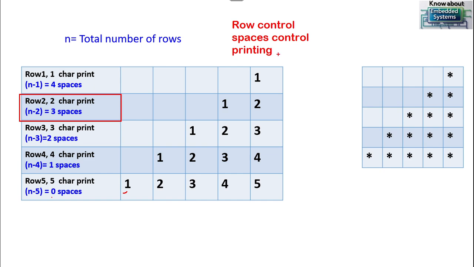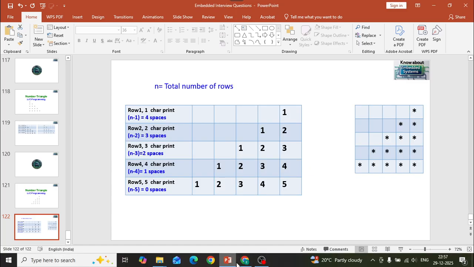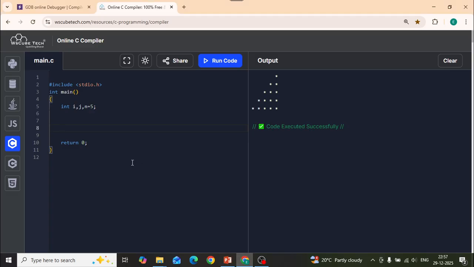Let us go to the coding. Here I have considered the same example. So int i, j, and n = 5. It will be very simple. I'll be using i = 1, i <= n, and i++.